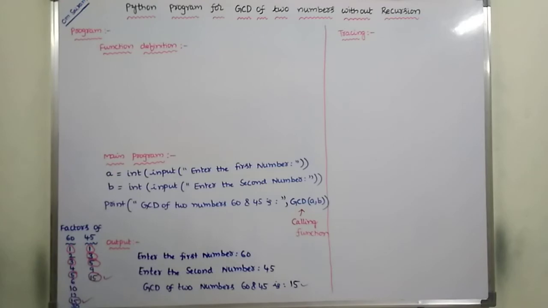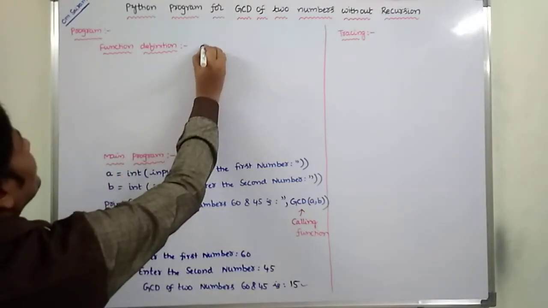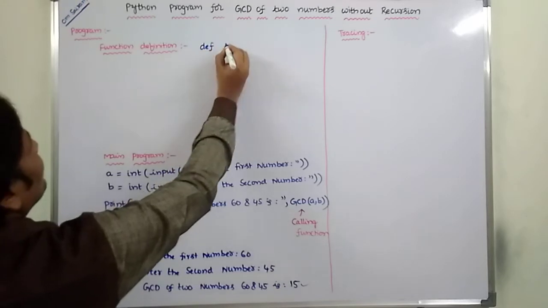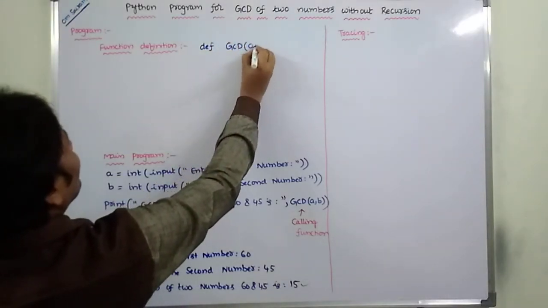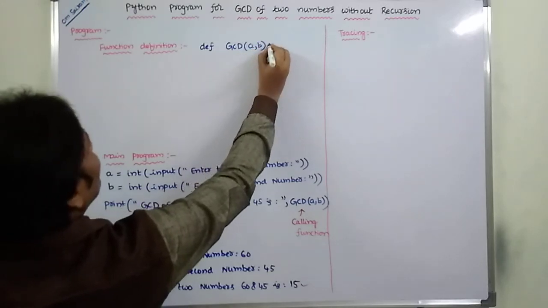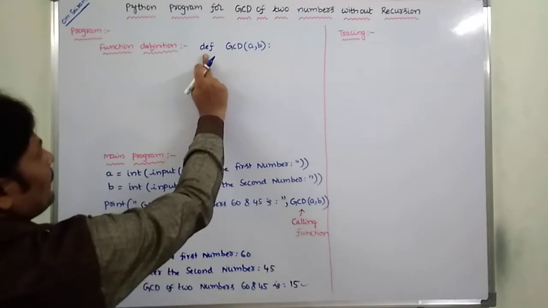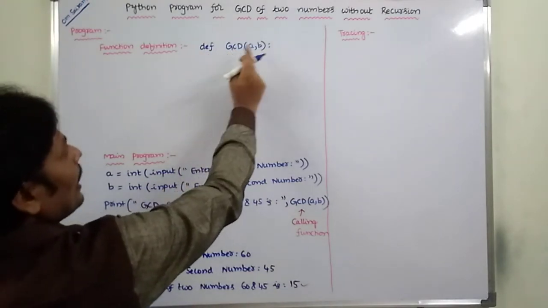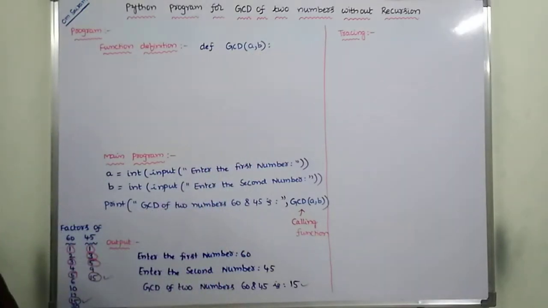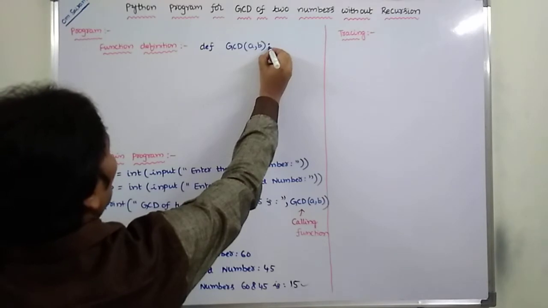Okay, now the function definition can be written as def gcd of a comma b colon. So this is def, that means definition. The function name is gcd, and these are the formal parameters a comma b. So here we have to put a colon.